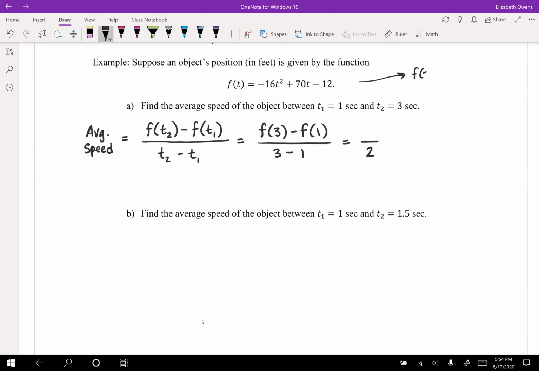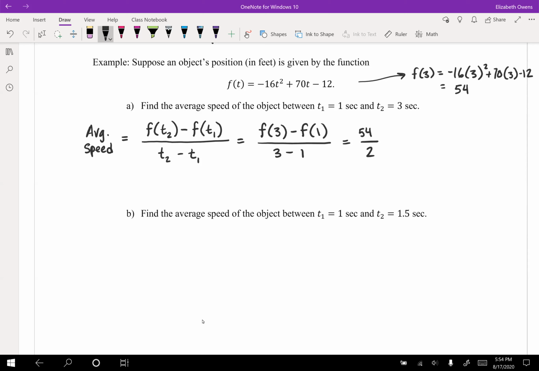So for f of 3, you'd plug in 3 into all those t spots. Hopefully this is a very familiar process from algebra. When you do that calculation, you should end up getting a position of 54 feet.